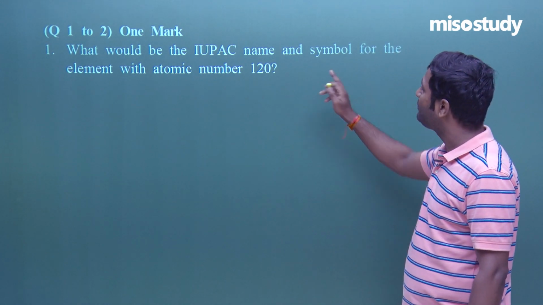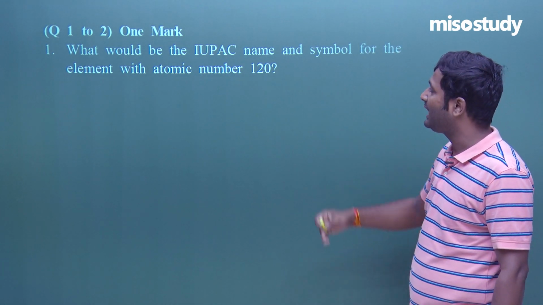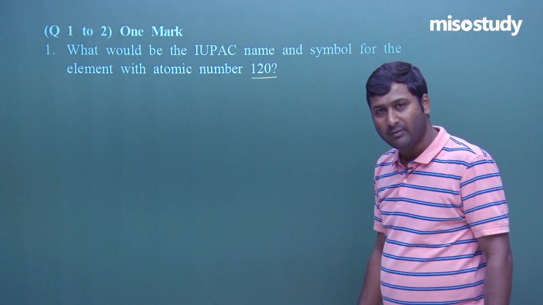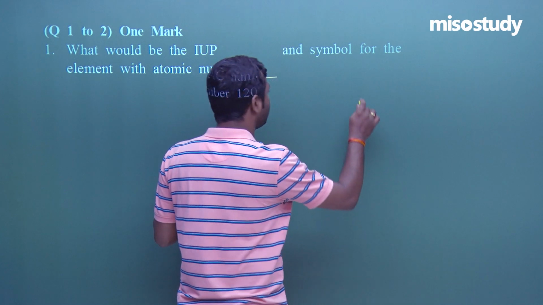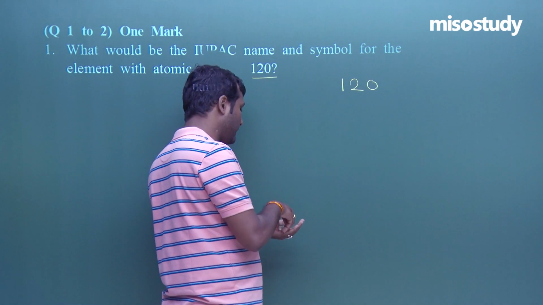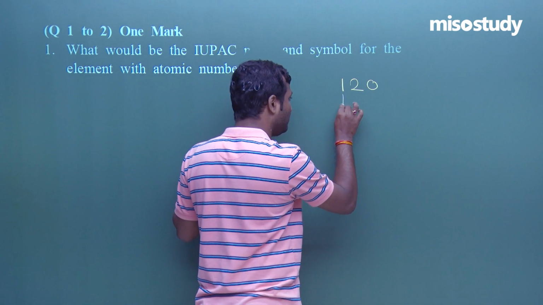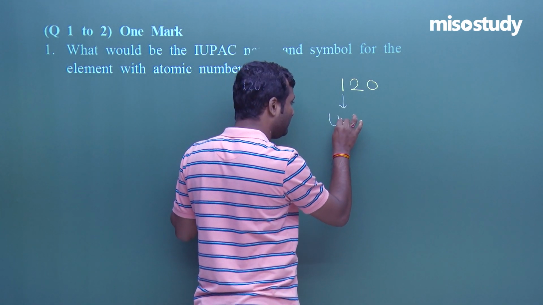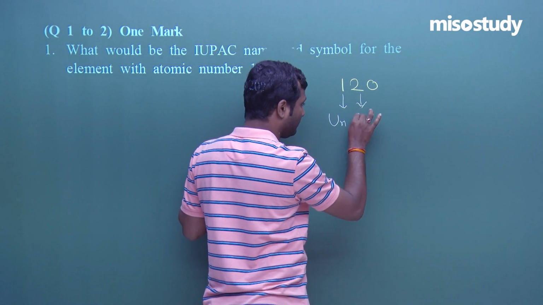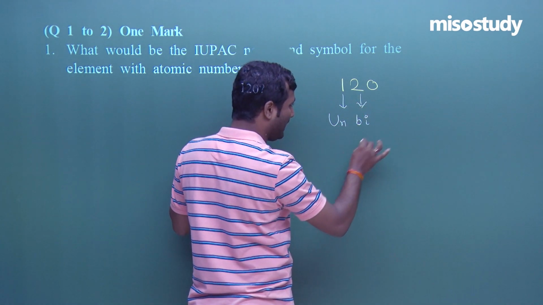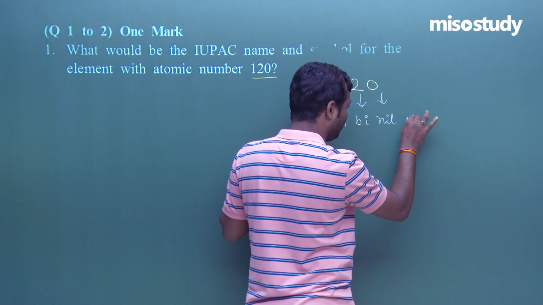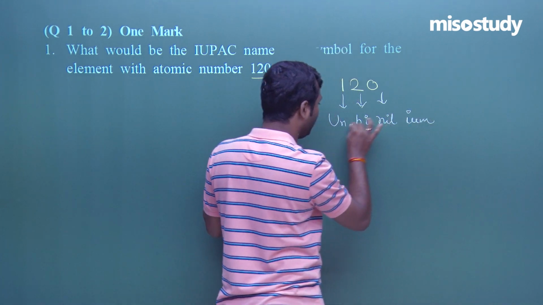What would be the IUPAC name and symbol for the element having atomic number 120? Do you remember, during my lecture I discussed that if the atomic number is 120, then for 1 we know that is un, for 2 that is bi, for 0 that is nil, and we will add ium, remember.